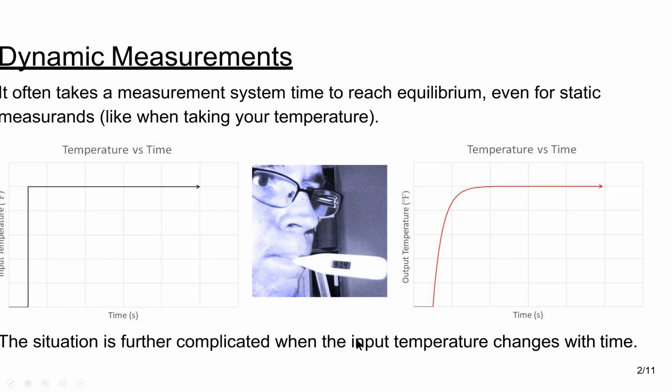Because sometimes the thing you're measuring changes with time. If you don't ever actually get to a steady state, so maybe Dr. Hall is getting hotter and hotter, or colder and colder, and it never reaches a steady state, you need to know some inherent properties of your measurement system to be able to know when you're taking a valid measurement.